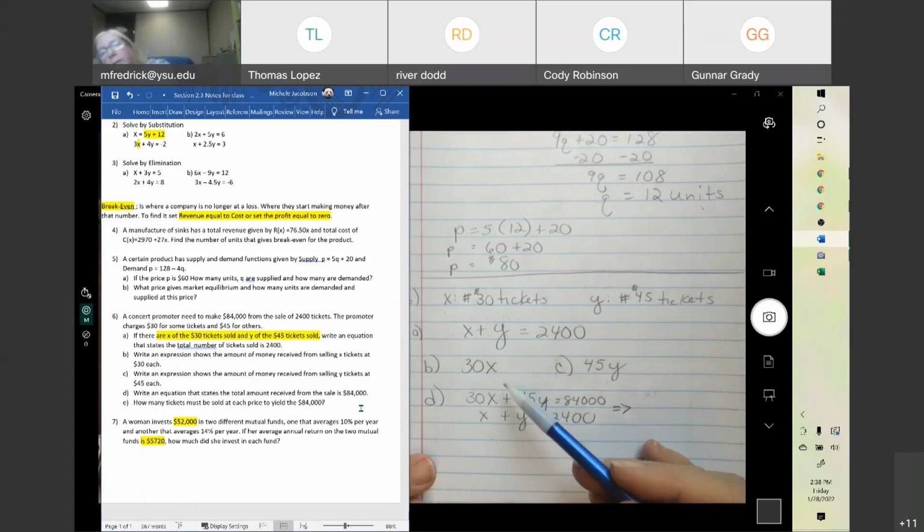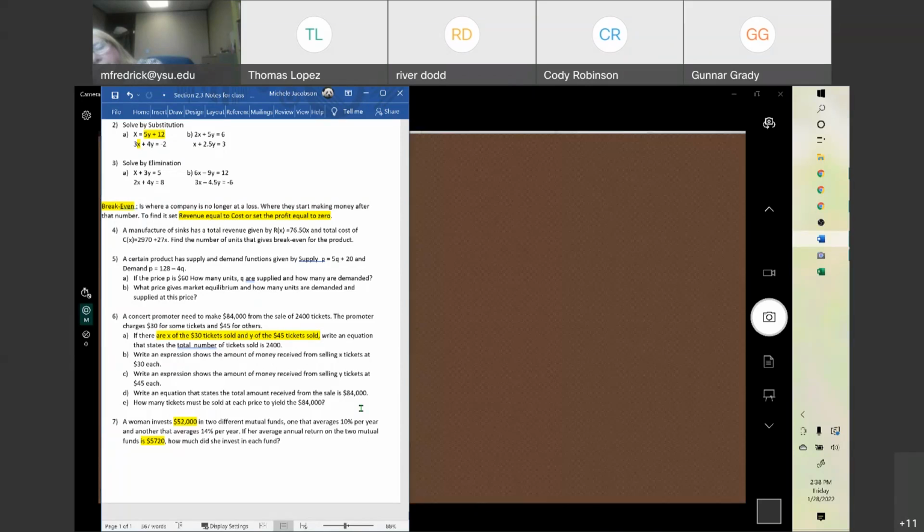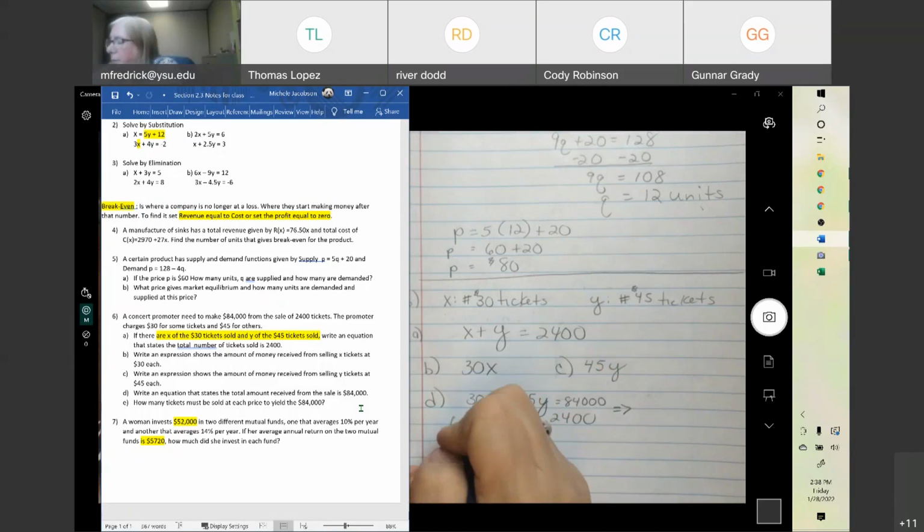If we use elimination, what can we multiply the bottom row by to make one of the variables drop out? 30. Positive or negative? Negative. Right. So if we multiply by a negative 30, notice this would be negative 30x and they'll drop out.